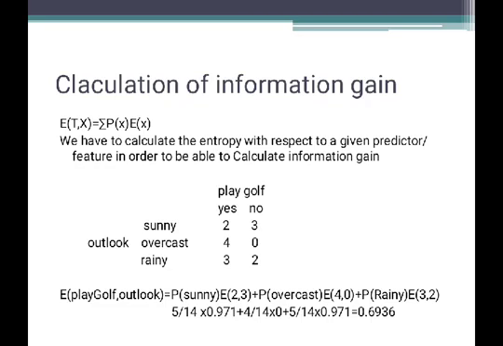E of T comma x is equal to sigma p of x into E of x. This is the formula for calculating entropy. We have to calculate the entropy with respect to a given predictor feature in order to be able to calculate information gain.